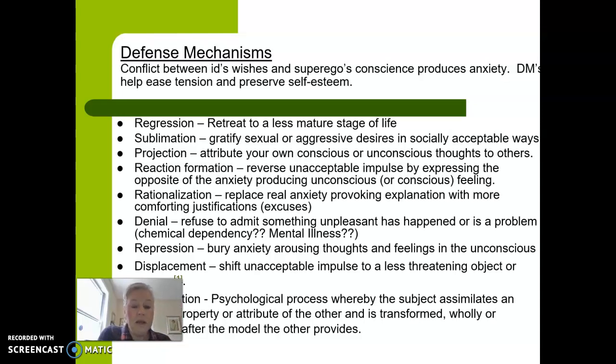So they might take on the persona, the clothing, the speech, the attitudes of those who they want to be more like, and can actually, in some cases, be transformed wholly or partially into what the model that they're watching provides.